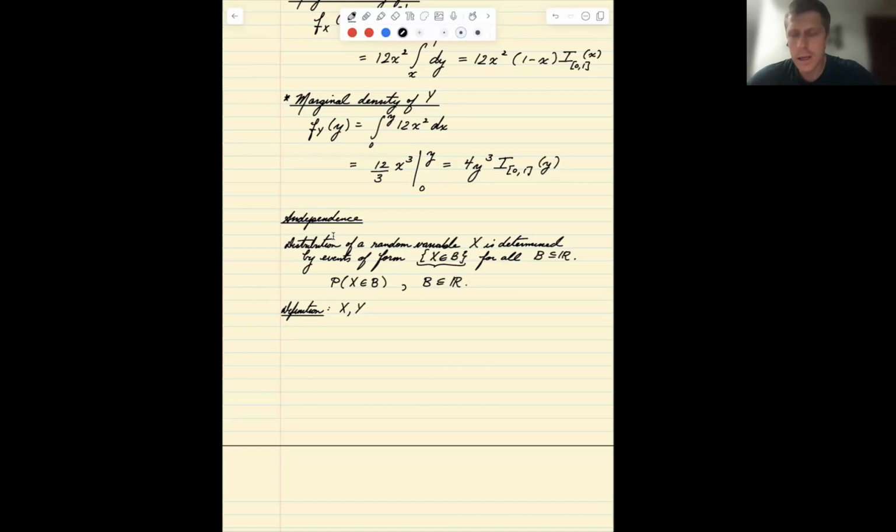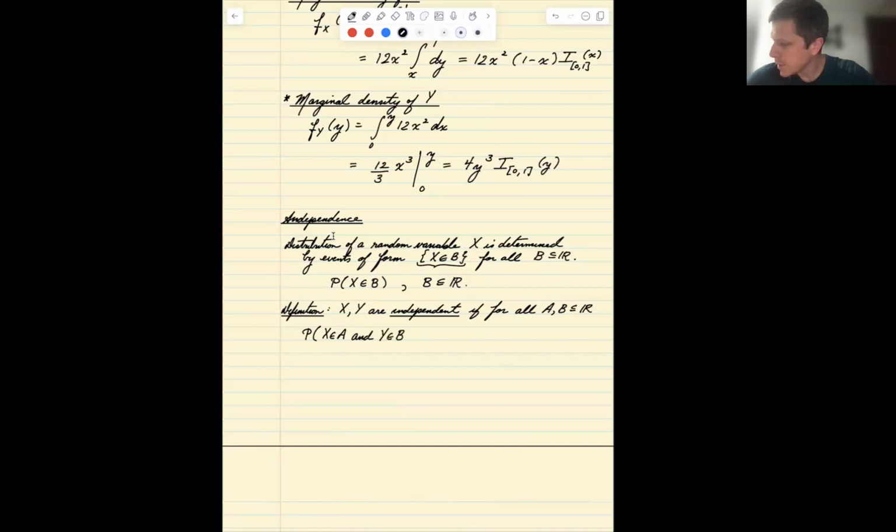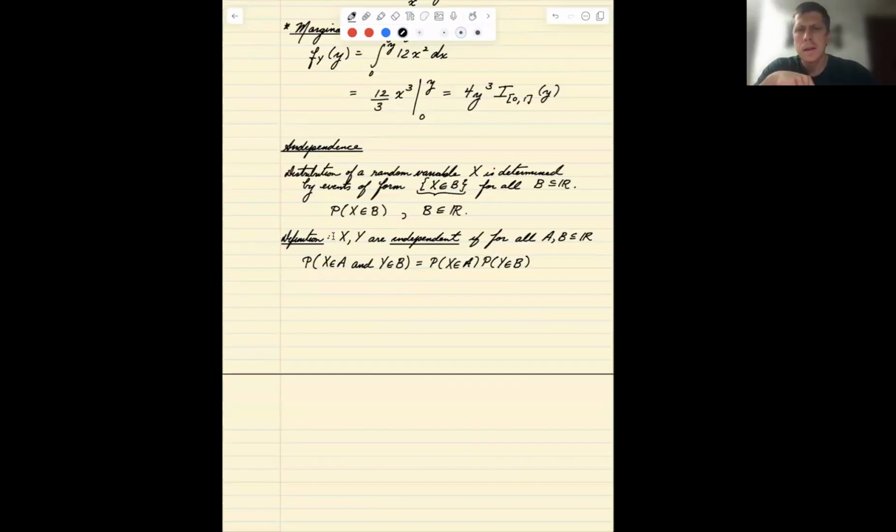X and Y are independent if for all subsets A and B of R, the joint probability that X is in A and Y is in B is the product of the probabilities. Okay, so that's the definition of independence.